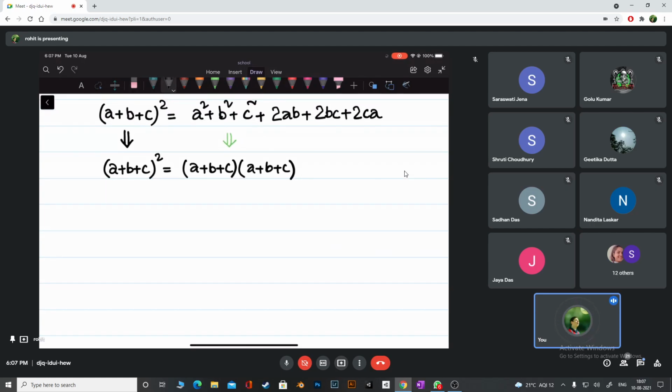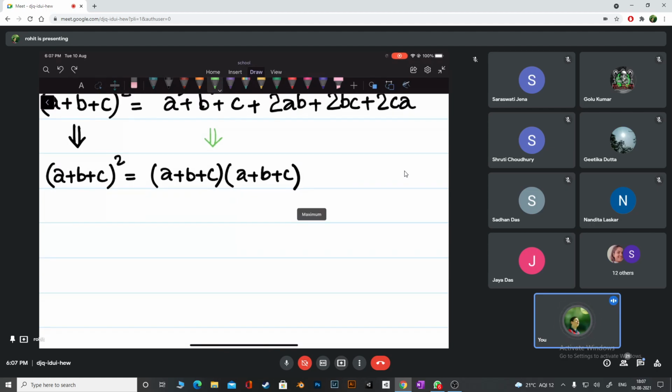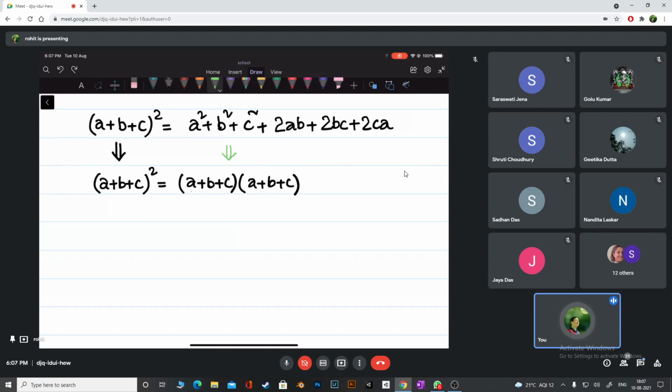Then let's open these brackets. To multiply these two, you can use the distributive law. I can take the A and multiply it with everything here, then take the B and multiply with everything, then take the C and multiply with everything. That is the meaning of multiplication with these kinds of brackets.